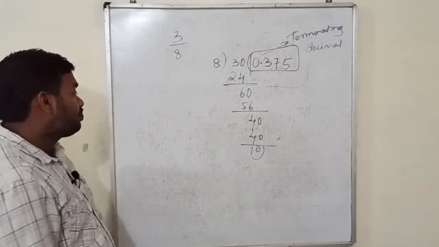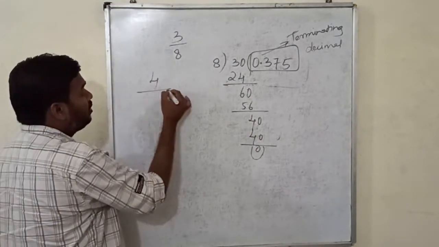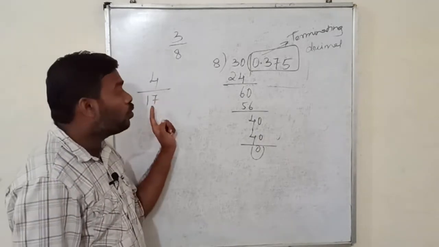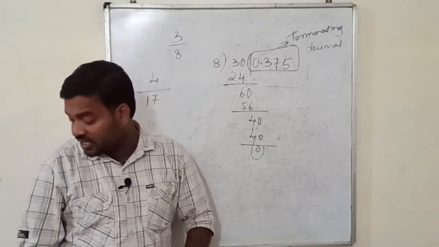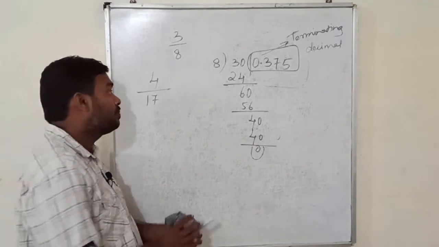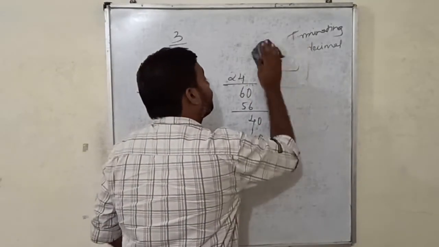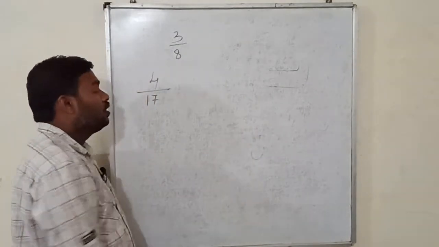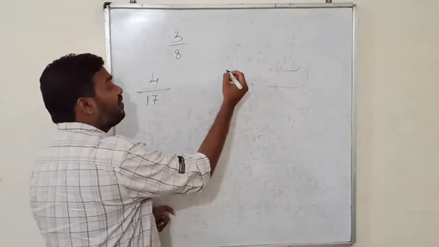If you go for 4 by 17, that means you are dividing 4 by 17. Let us see what type of decimal it is. Divide 4 by 17.